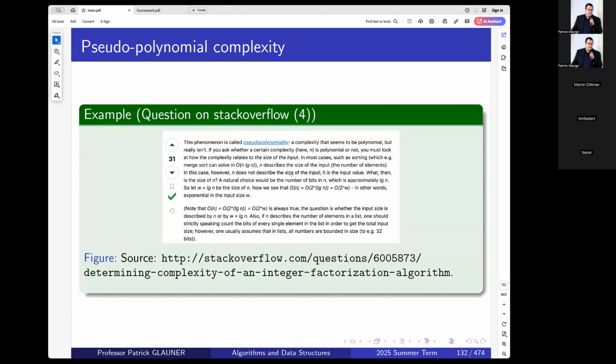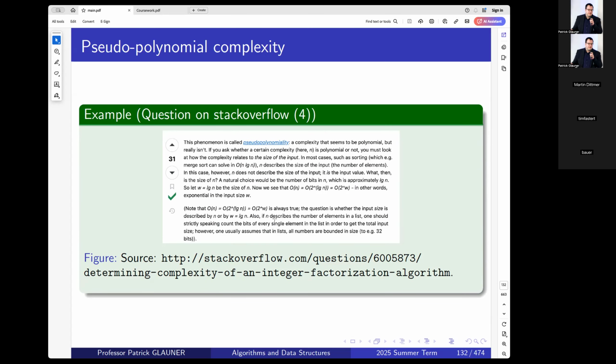And this is something you need to be aware of, that sometimes you can run into pseudo-polynomial complexity. And then, in fact, this will usually be an exponential amount of time that the algorithm takes because you looked wrong at the parameter that was passed. Because we think about a list of n elements, but if you pass the integer n, that makes a huge difference.